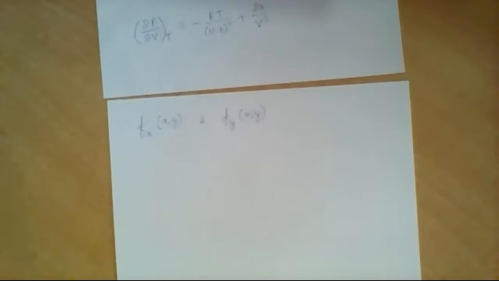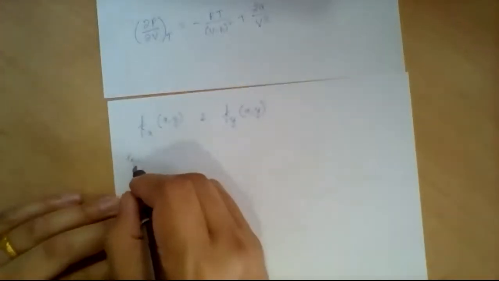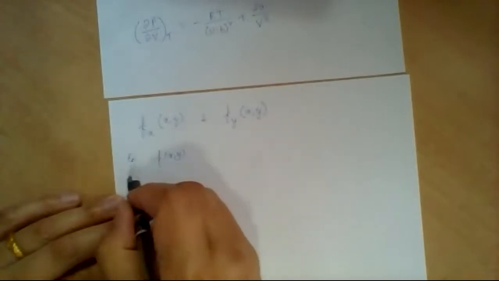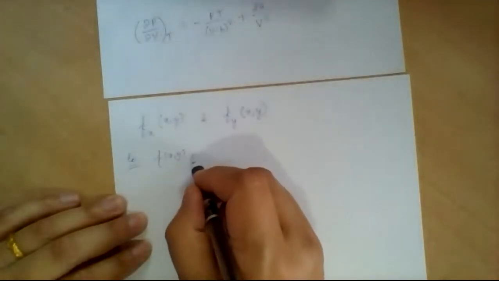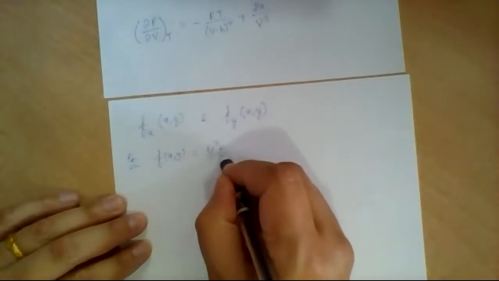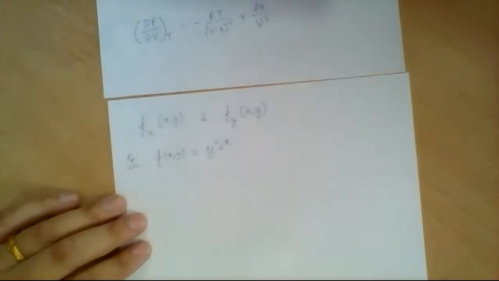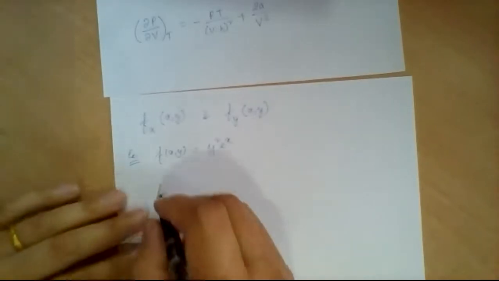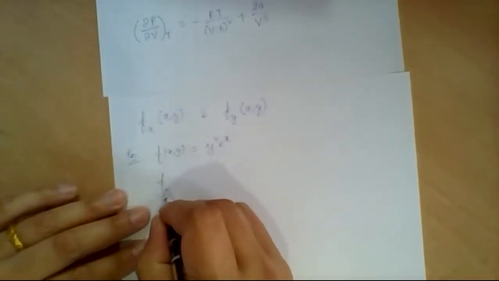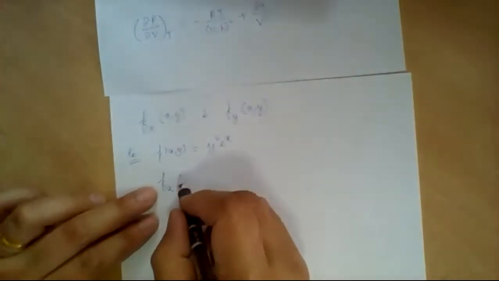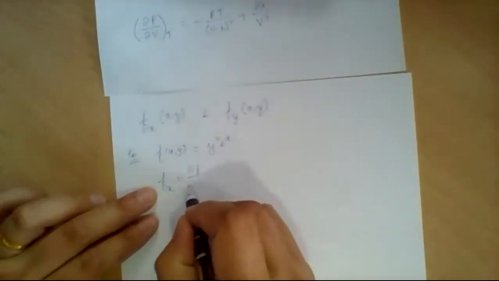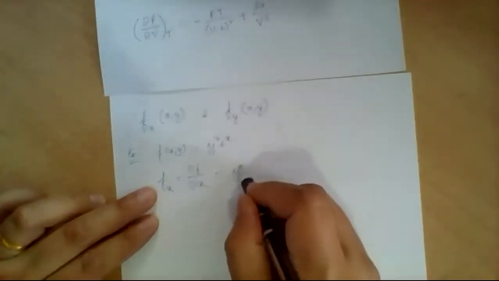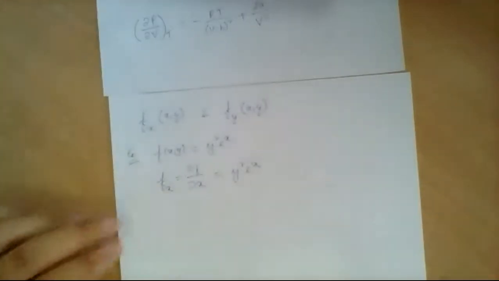For example, f of x, y equal to y square e to the power x. See this example. The partial derivative with respect to x, del f by del x, is equal to y square e to the power x.